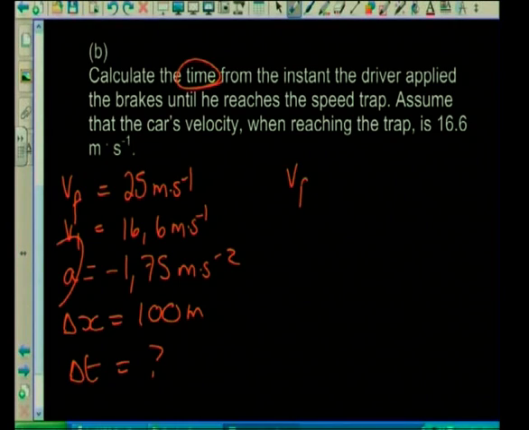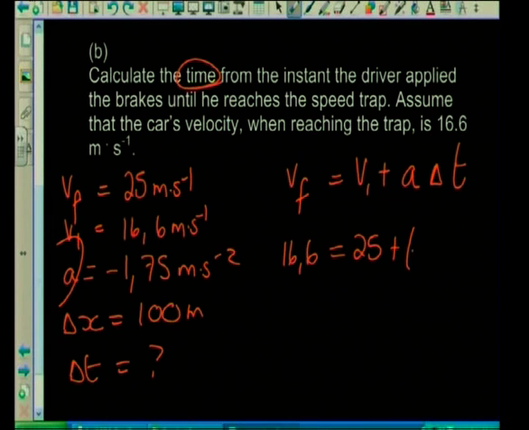How much time does he have before he's going to reach the speed trap? So many ways to do this question. We know A. Let's do the easiest. VF equals VI plus A delta T. VF is 16,6. VI is 25.